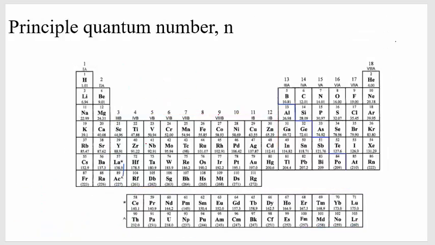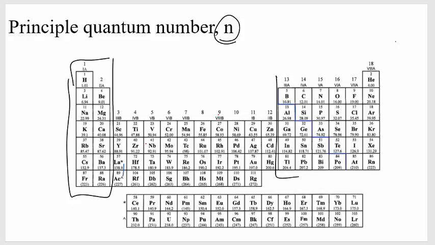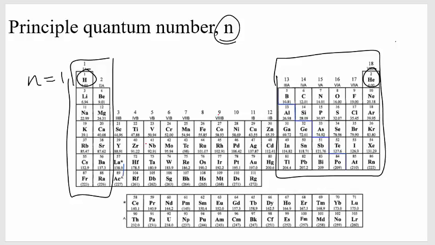Okay, so there are 4 different types of quantum numbers we're going to talk about today. And the first one is called the principal quantum number n, which you saw with the hydrogen atom. So first of all, let's talk about the main group elements. For those elements, whatever their row is also the value of their principal quantum number. So n equals 1 would be for hydrogen and helium here in this top row of the periodic table.